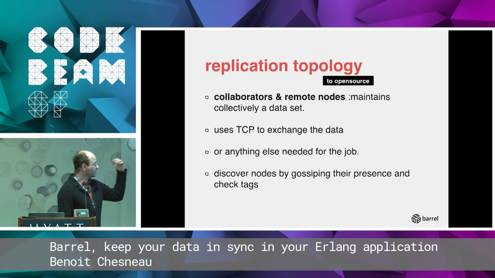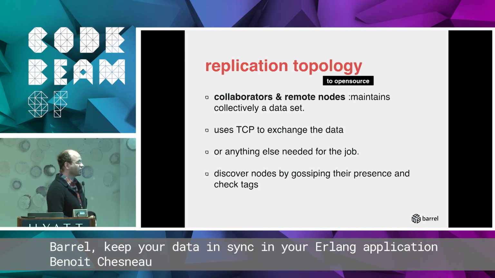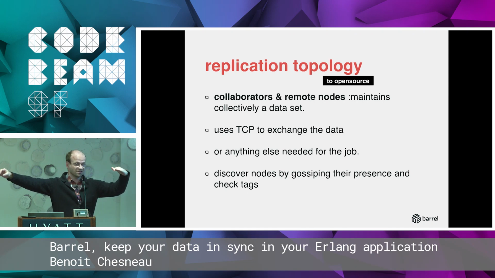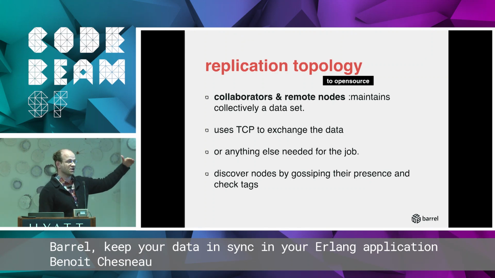And for that, you have two concepts inside Parallel, which are collaborators and remote nodes. Collaborators are mainly nodes that maintain collectively data sets. So if you want to make a hierarchical storage, meaning you have some very recent data on your node in memory, and you have that data persisted at the same time to a persistent node later, these are collaborators, because when the nodes become full in memory, then it starts to evict the data from its nodes.